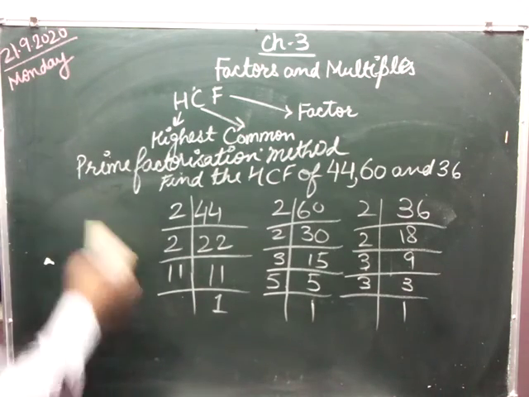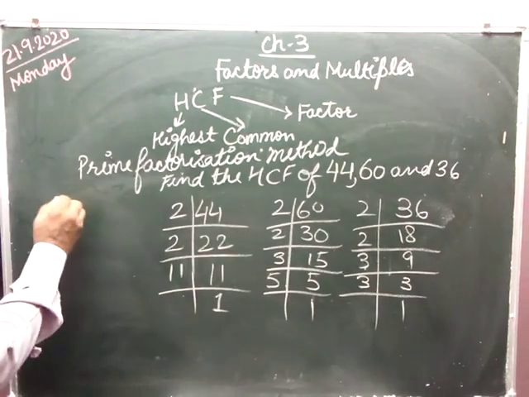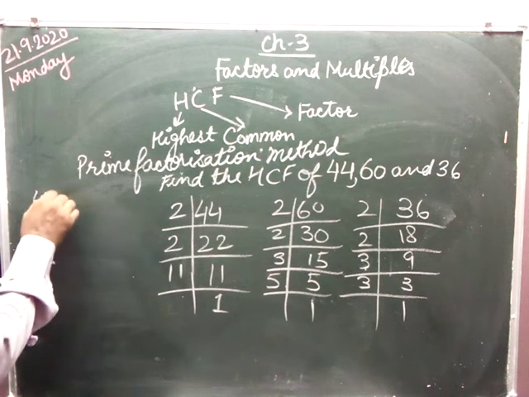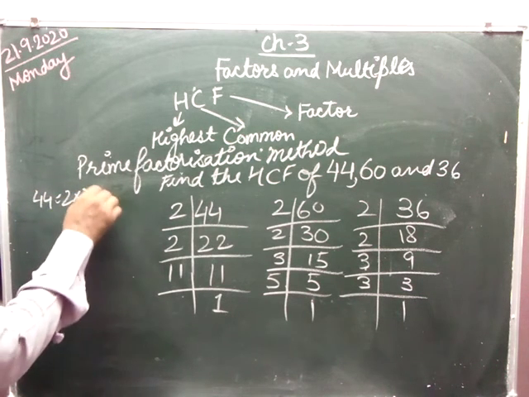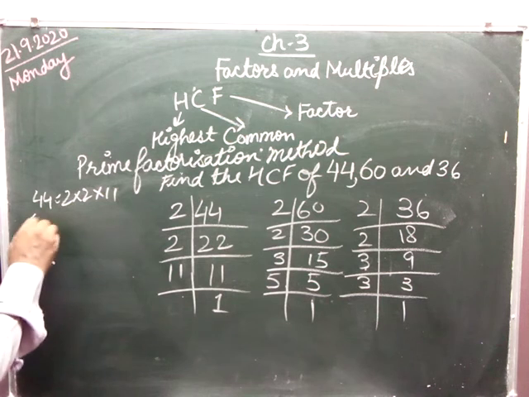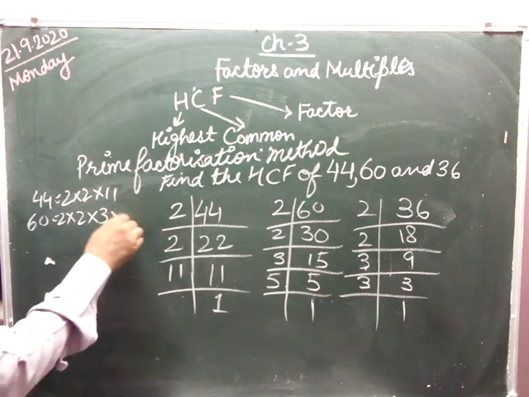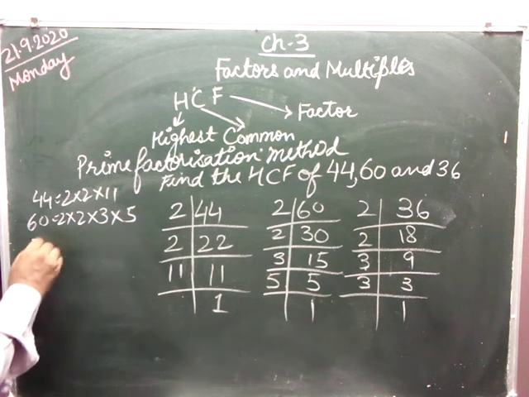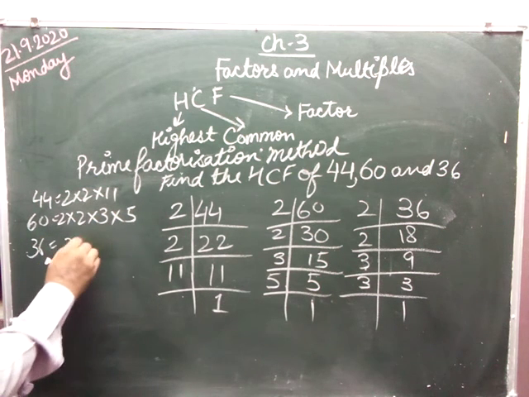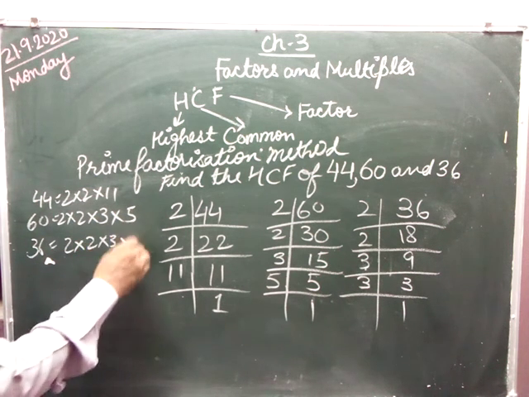Now students, as we write the factors here: 44 is 2 multiplied by 2 multiplied by 11. 60 is 2 multiplied by 2 multiplied by 3 multiplied by 5. 36 is 2 multiplied by 2 multiplied by 3 multiplied by 3.